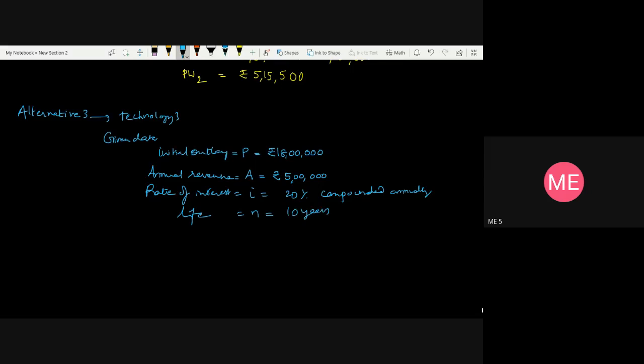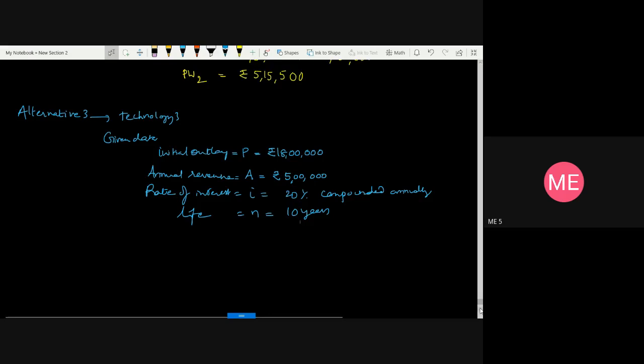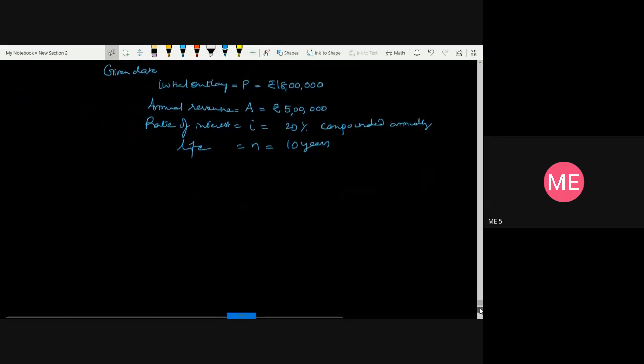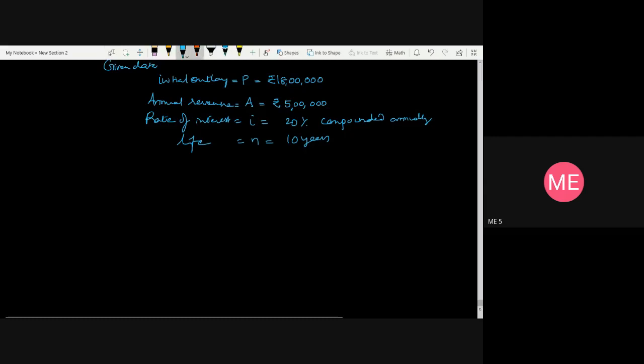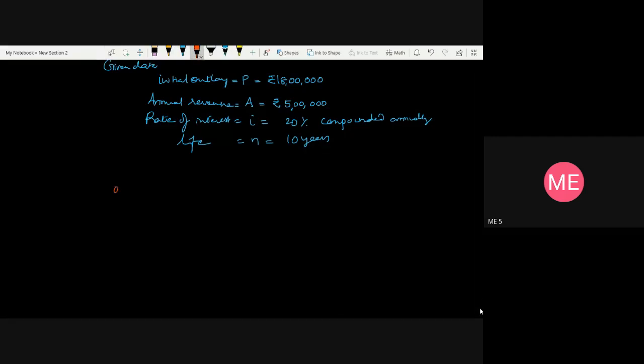Once you know the data, we can go for constructing the cash flow diagram. So how to draw the cash flow diagram? Starting from zero, say at the end of first year, at the end of second year, at the end of third year, and you can give a break and show the 10th year.